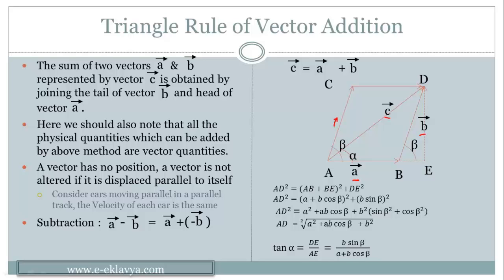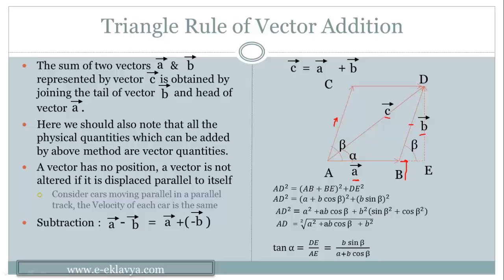Okay, now the angle beta is what vector A makes with vector B. Okay, so this is our vector B. So it makes an angle beta with vector A. So all our computations will be in terms of angle beta, right?